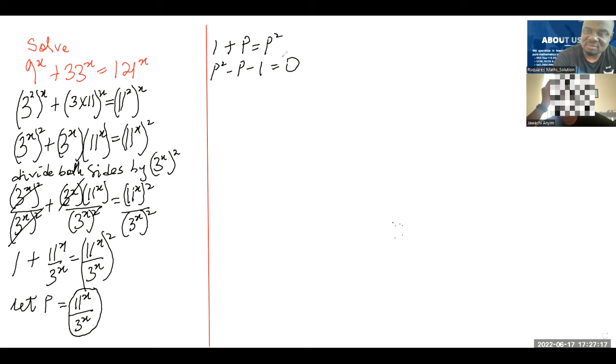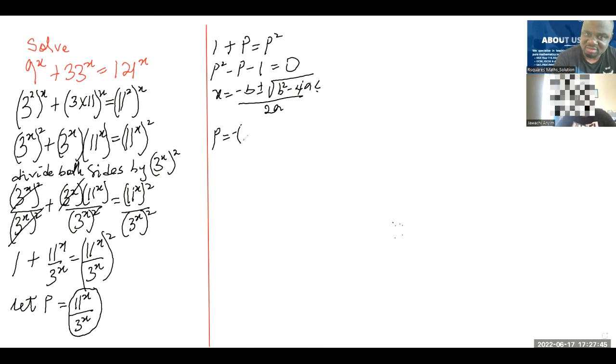So that means we have to use the formula method, which says x equals minus b plus or minus the root of b squared minus 4ac all over 2a. So that will be P equals, b is the coefficient of P, which is -1.